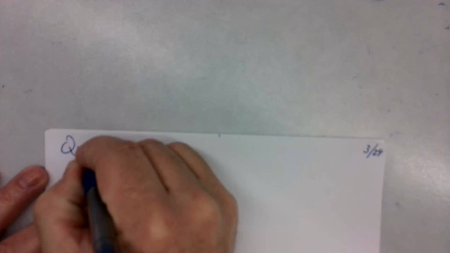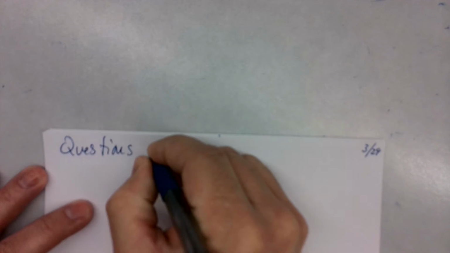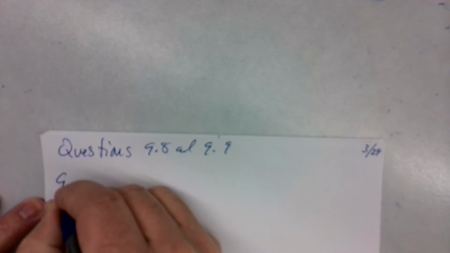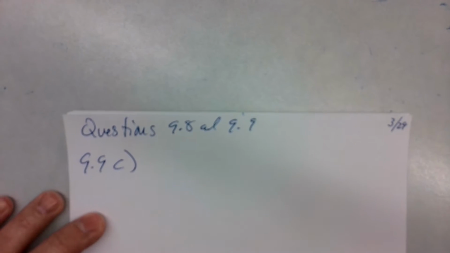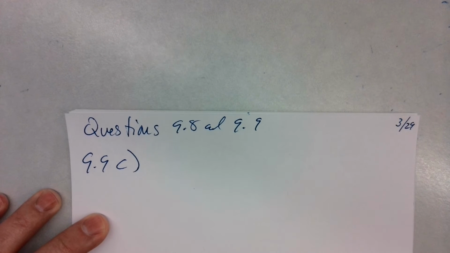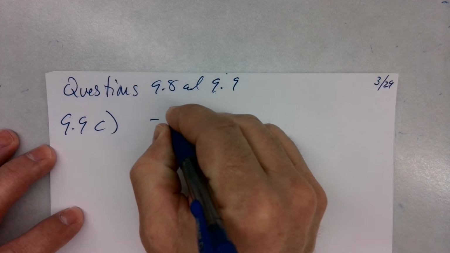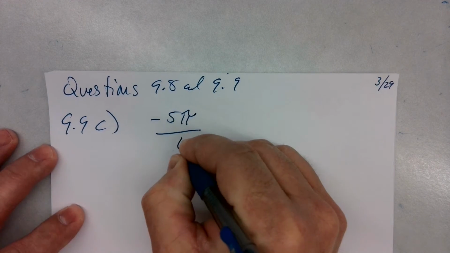Alrighty, so let me write something so it's got something to focus on. C says negative 5 pi 6, right?